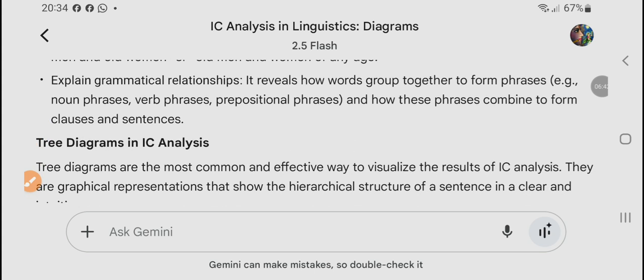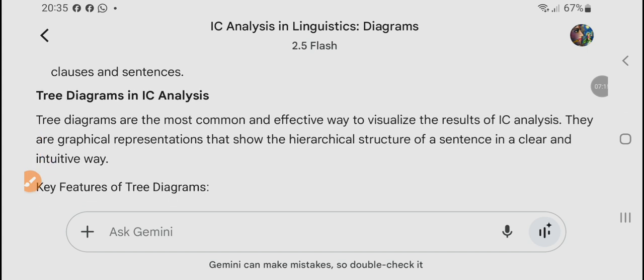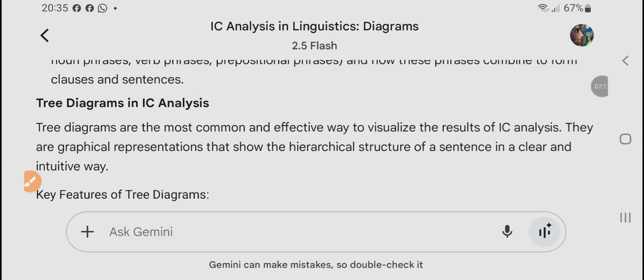Now, it explains grammatical relationships. It reveals how words group together to form phrases, such as a noun phrase, verb phrase, or prepositional phrase, and how these phrases combine to form clauses or sentences.